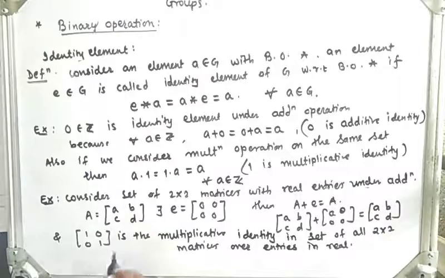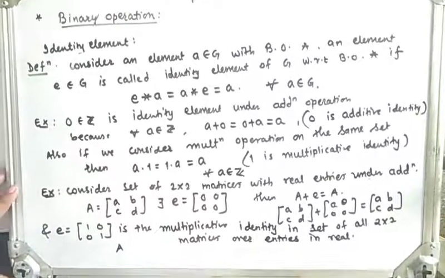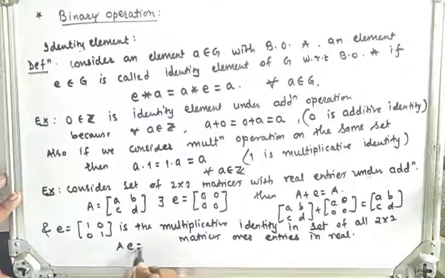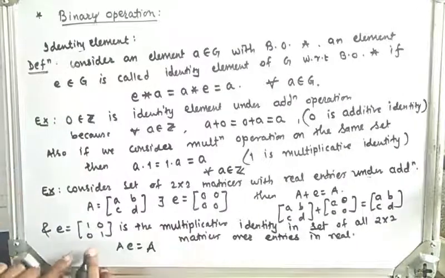Because here A into E is equal to A, because of multiplication. Suppose this is again the second, the multiplicative identity.